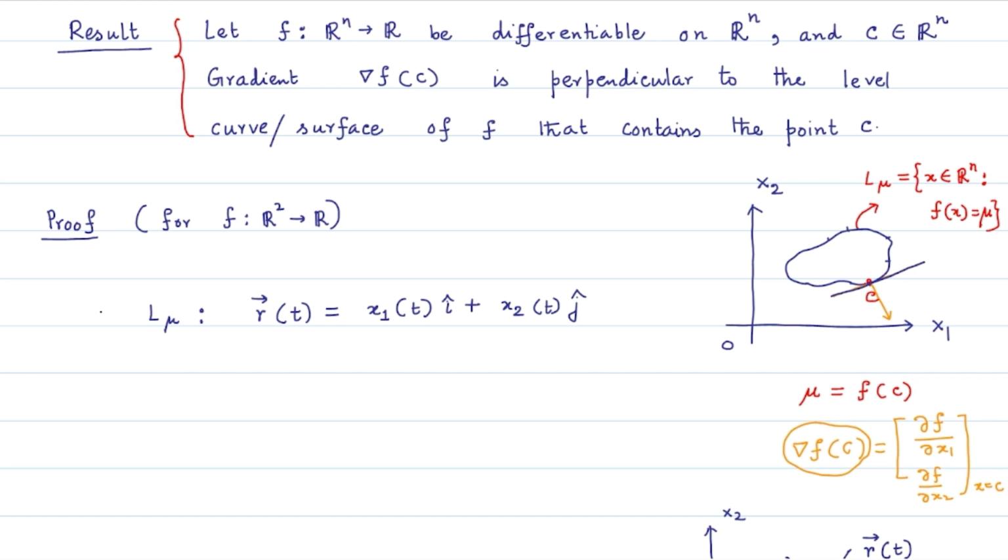Here we took up a parametric representation of the level curve L mu. Now on this level curve, we notice that the function f has value mu. That means f at any point on this curve, that is f at x1(t), x2(t), is equal to mu.